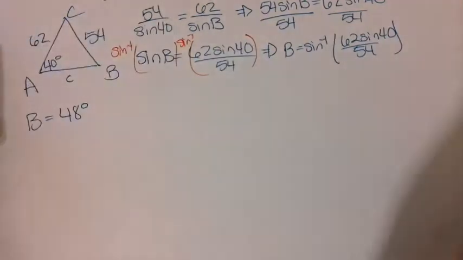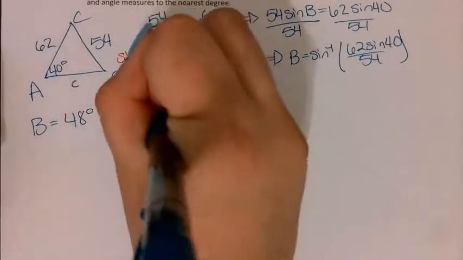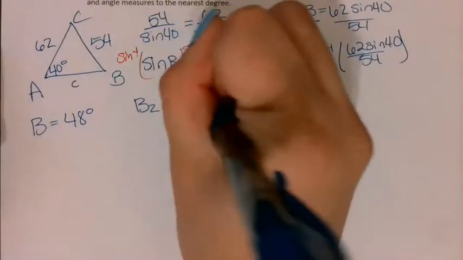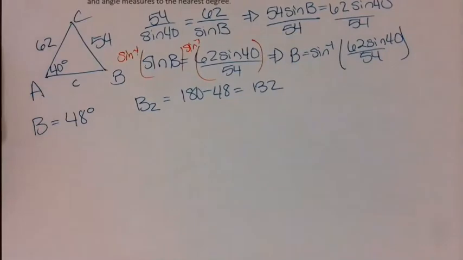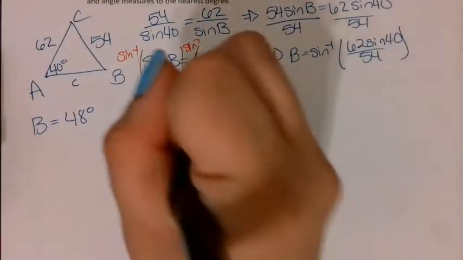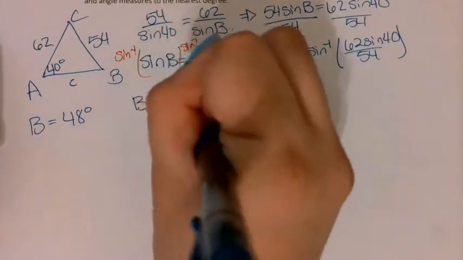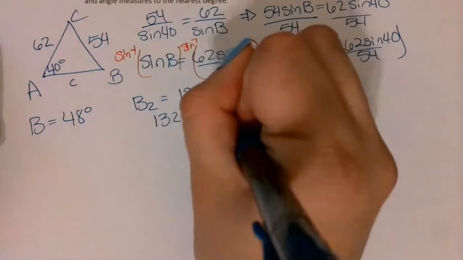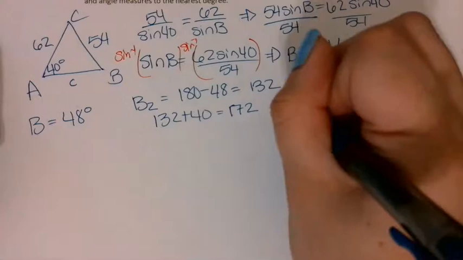Okay. I also need to check to see if I can have a second B value. So what I do here is B2, 180 minus 48, which gives me 132. Now I need to check to see if 132 plus 40 is less than 180. So if I have 132 plus 40, it equals 172. Less than 180?